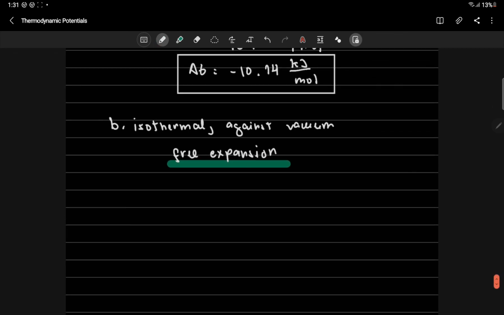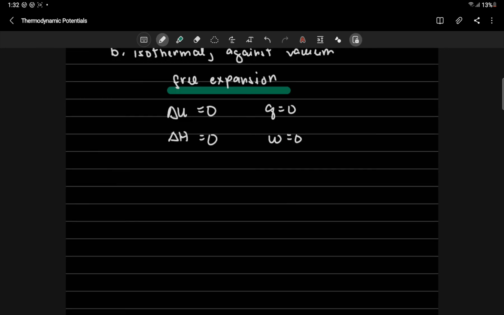So, kapag free expansion, kung naaalala nyo yung kay first law of thermodynamics, delta U is 0. Delta H is 0. Q is also 0. And work is also 0. But how about si entropy? How about Gibbs free energy? How about Helmholtz free energy? Will they have a value? So, kayo na bahala. Alamin ninyo kung may value nga ba sila. And kung meron man, what will be their value? How do you calculate those free energy functions as well as entropy?